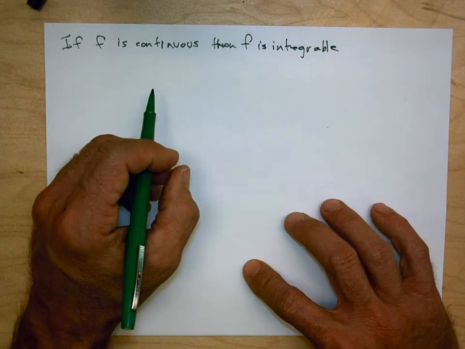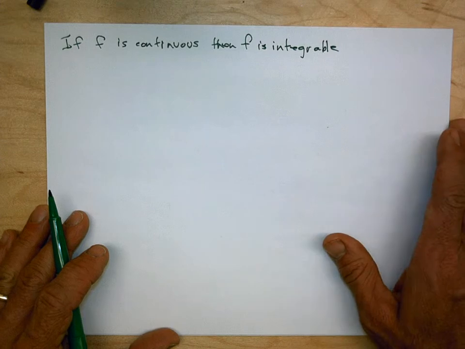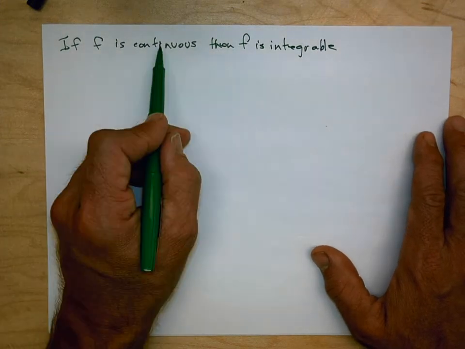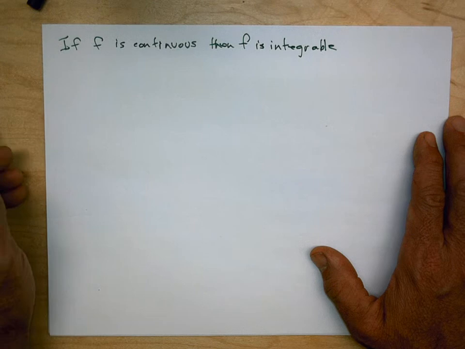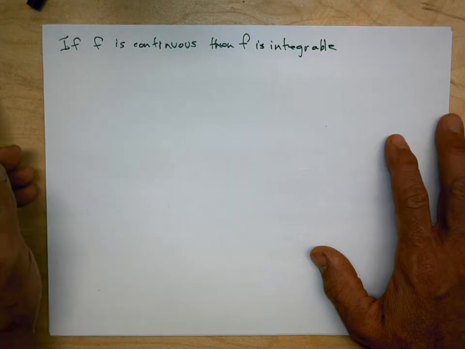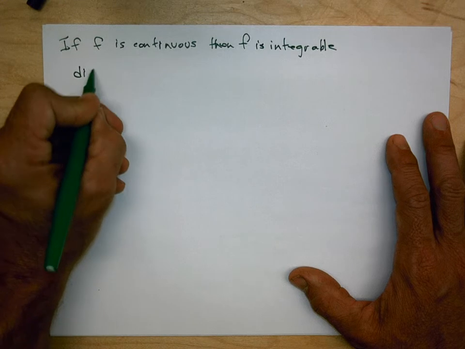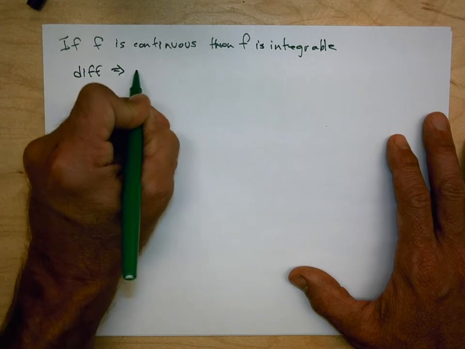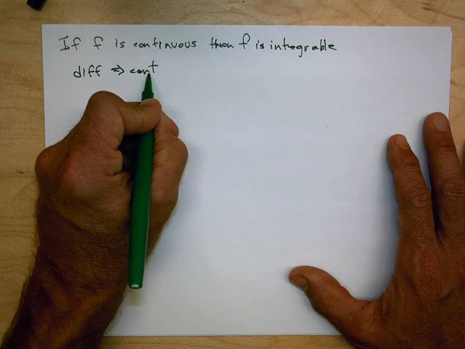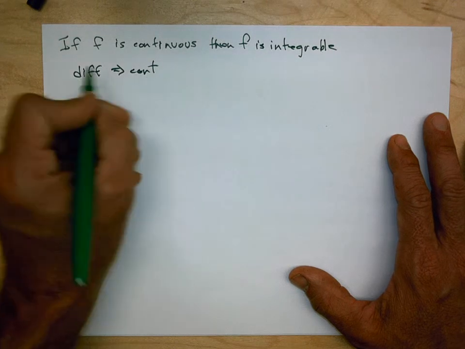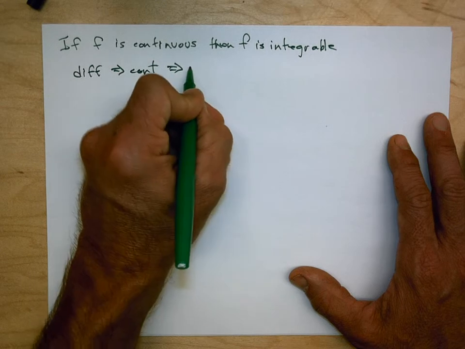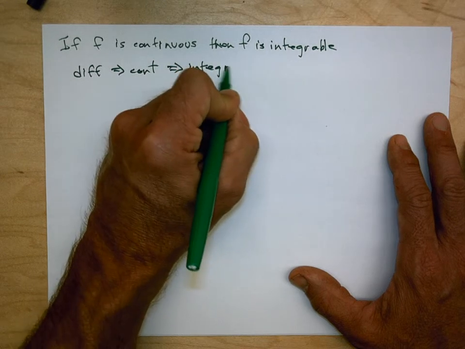If you recall, differentiability was a stronger condition than continuity. There were functions that were continuous but not differentiable. So differentiability implied continuity: if it was differentiable, it was automatically continuous, but being continuous didn't necessarily mean differentiable. Here we're going a step further and saying if it's continuous, then it's integrable, but not necessarily the other way.